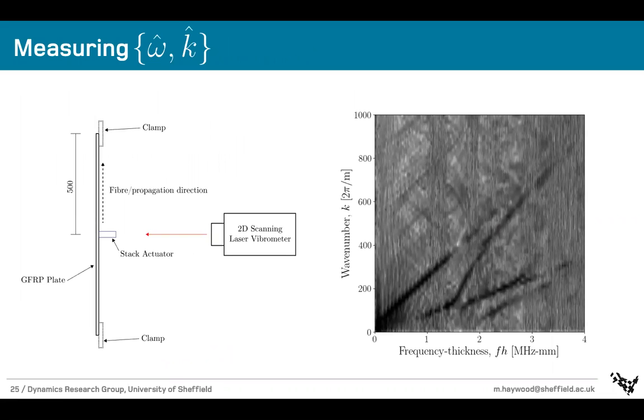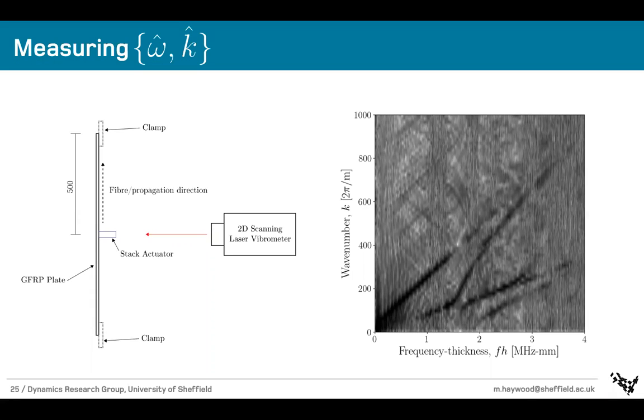Okay, so first, how did we measure the arbitrary dispersion curves? We used a 2D scanning laser vibrometer, and a stack actuator on the glass fiber. We have a glass fiber unidirectional composite plate, which I should have specified earlier. The setup is shown in the figure on the left.